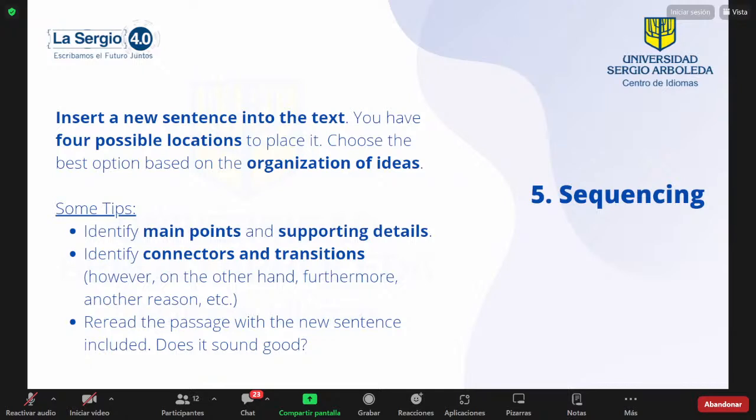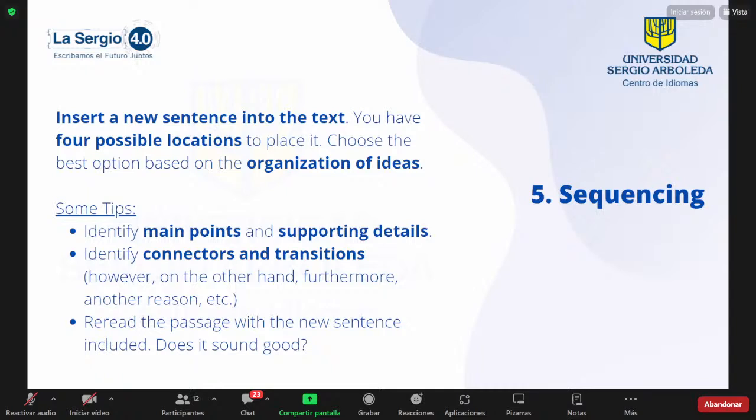Some tips about sequencing. Insert a new sentence. Insert a new sentence into the text. You have 4 possible locations to place it. Choose the best option based on the organization of ideas.